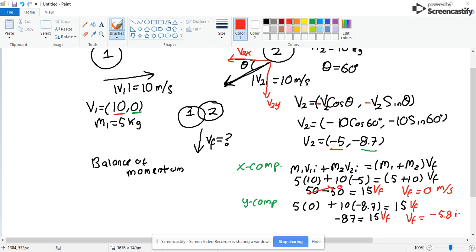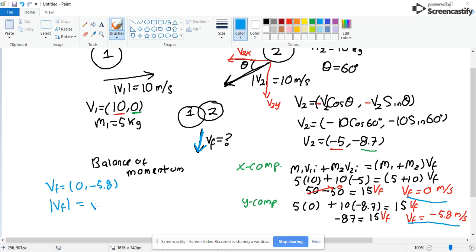So now we have the components of the final velocity: this is the final velocity in the x direction, and this is the final velocity in the y direction. So V final is going to be 0, negative 5.8 meters per second. This is the final velocity, which I'm going to draw in blue. The final question is, what is the speed of these two rocks together?